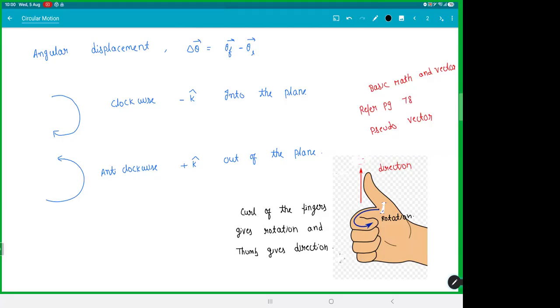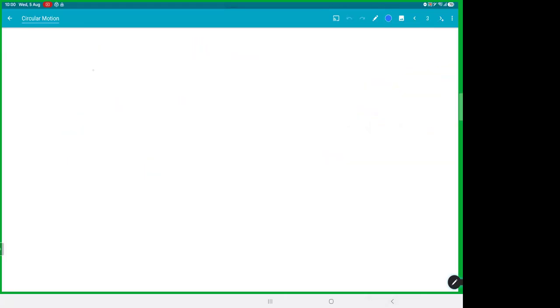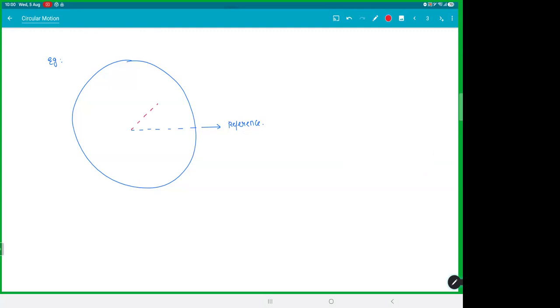Clear with this? So just to give an example, let's say this was the reference. Let's say the particle was initially here. This is theta1, which is pi by 3.